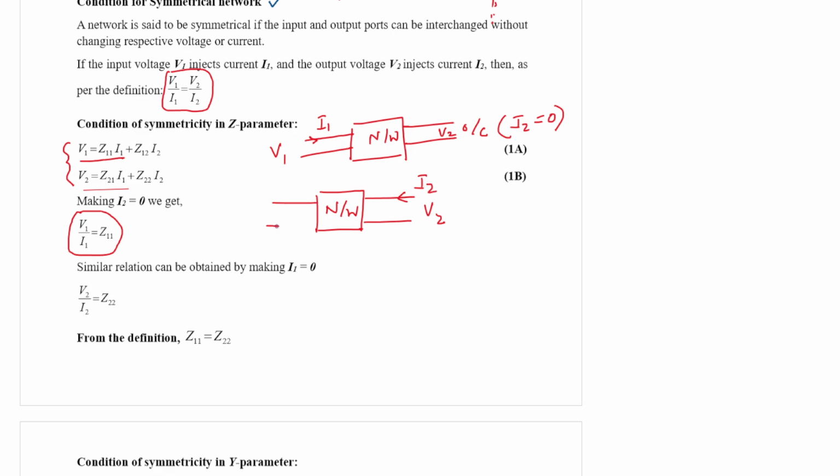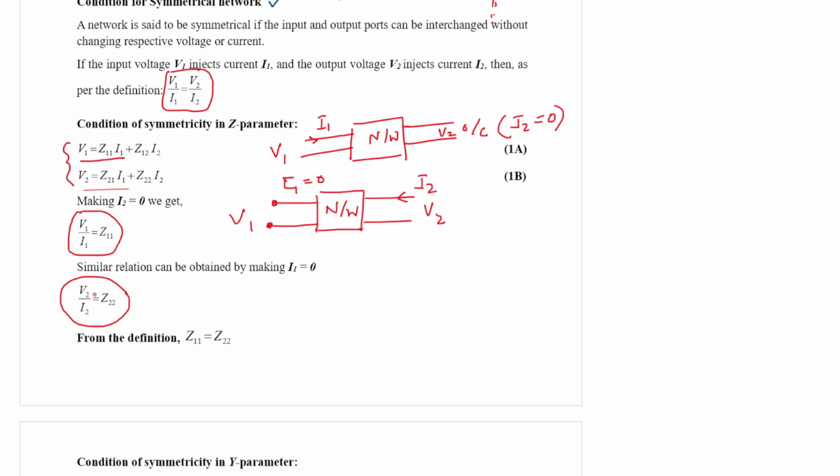Now you are making the input terminal open circuit, so I1 should be 0. Then from the second equation you will get V2 by I2 equal to Z22.